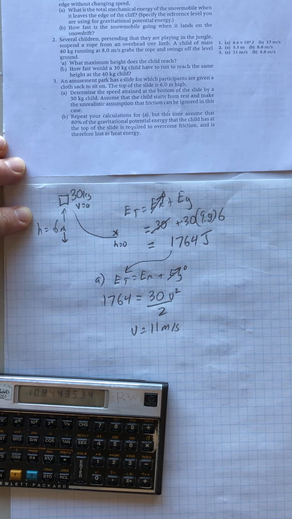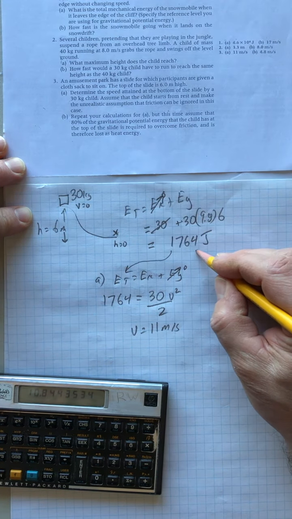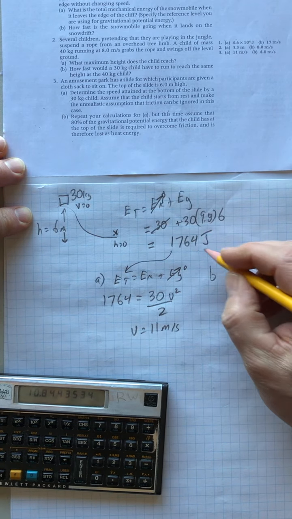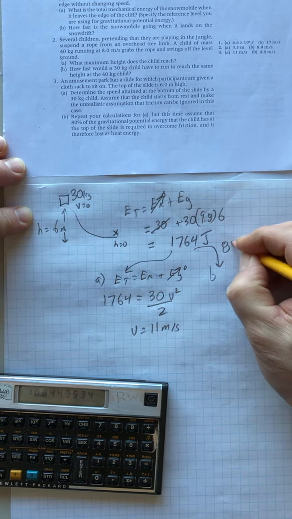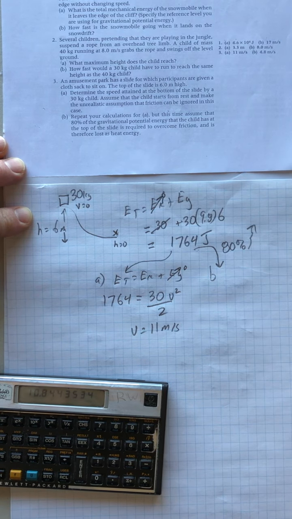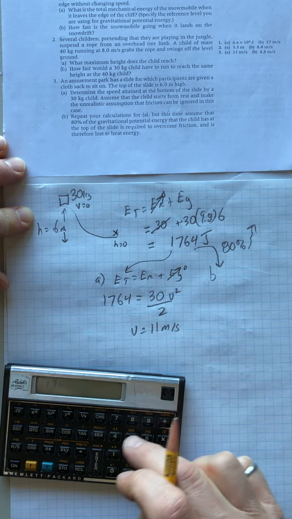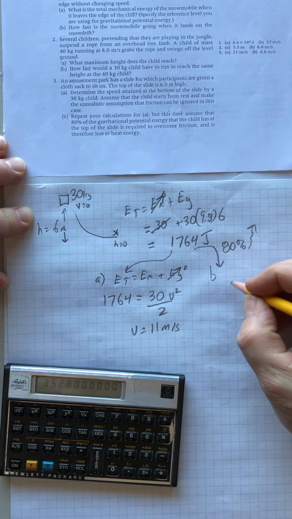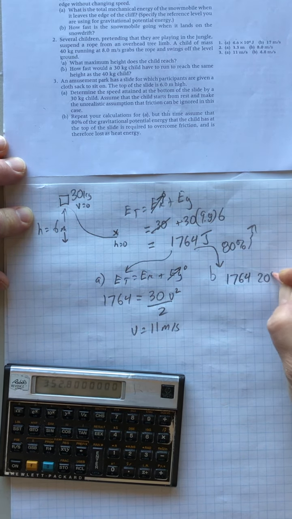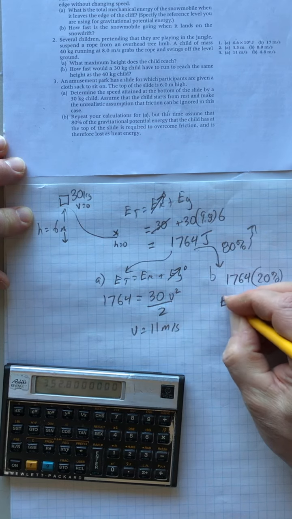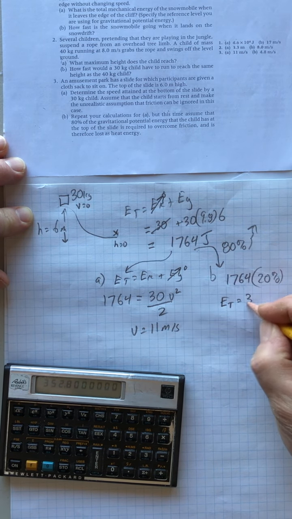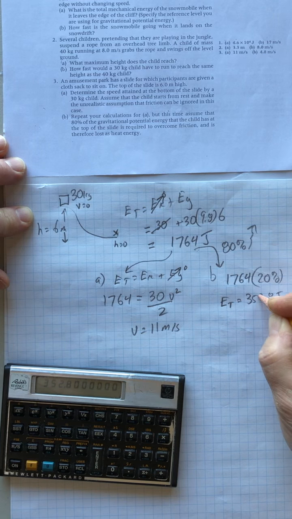Now B says, repeat your calculations, but this time assume that 80% of the energy is lost to friction. So when I bring this down to the bottom, 80% is going to disappear, leaving me with 20%. So 1,764 times 20%: E total at the bottom is only 352.8 joules.